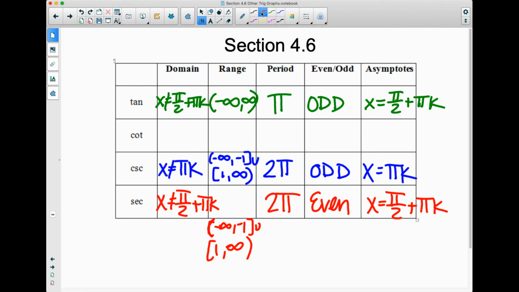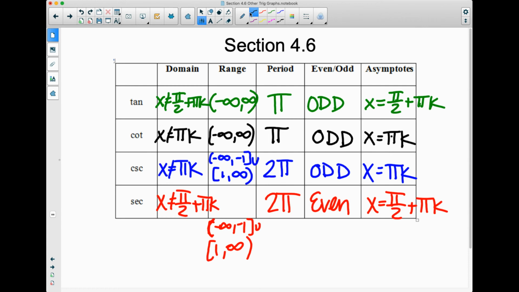All right, so let's go to our chart. If you notice, we have an asymptote that pops up every pi value. So this is going to be very similar to the cosecant. Still negative infinity to infinity. Still pi. Still odd. Okay.